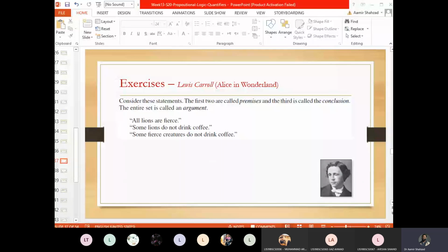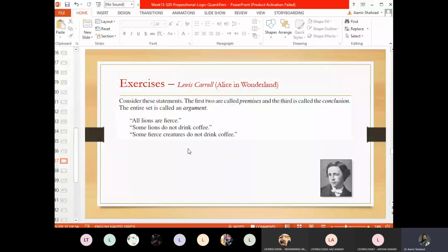There are some statements, and from these statements we have to infer some result. We come to some conclusion. We have the first two statements, which we call premises. From these premises we infer something, we draw a conclusion, a result. Look at the first two statements; we draw a conclusion.